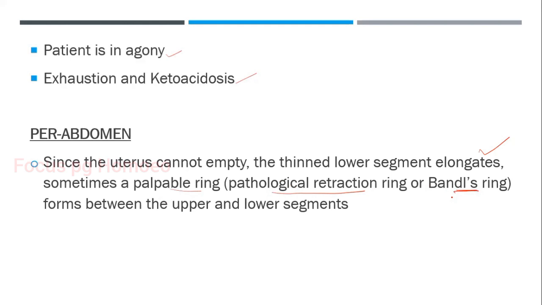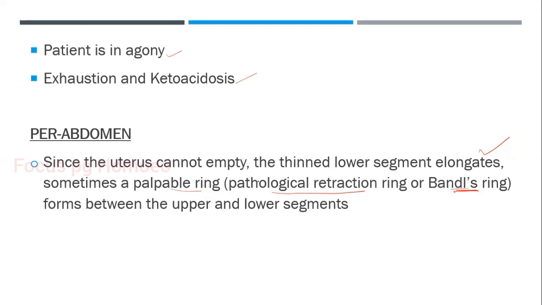When we saw uterine contractions, there is a retraction ring in the lower uterine segment, responsible for the retraction which follows contraction.